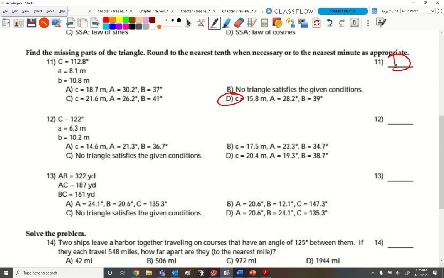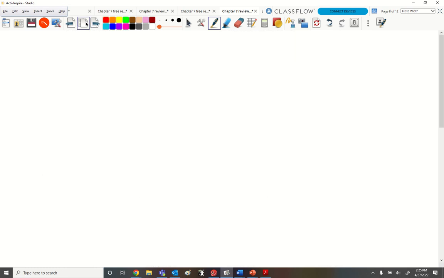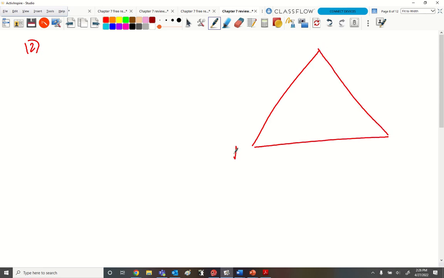So, number 12. Same thing, right? Go ahead, draw a triangle. Do good on this one. All right.